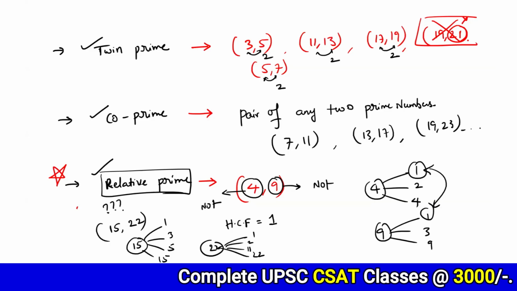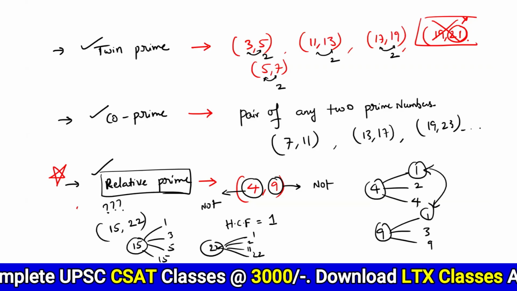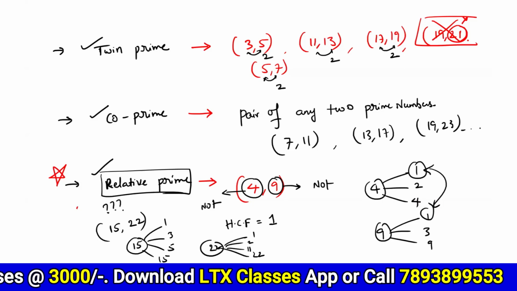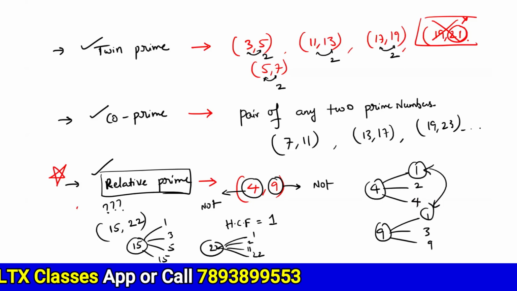Sir, can you please tell me the relative prime definition again? You're asking about relative prime, right? Yes, sir. See, regarding relative prime, the highest common factor must be equal to 1.